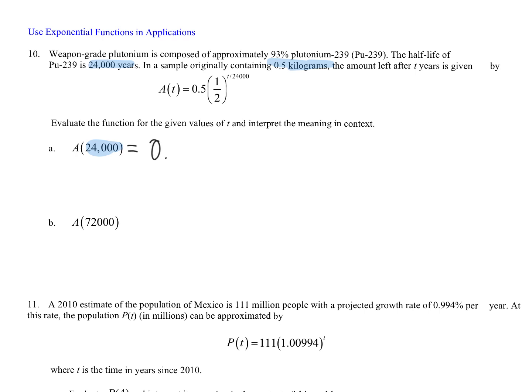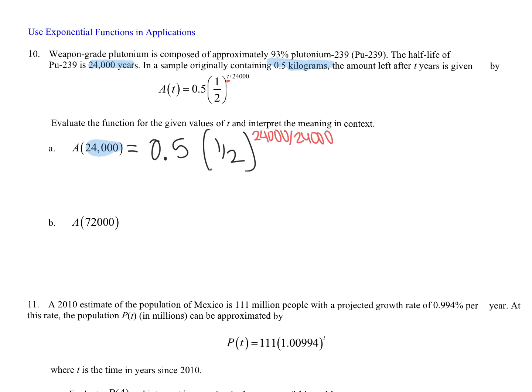So for 24,000 years, which is kind of crazy, we're just going to evaluate the function at 24,000. So what we're going to do is we're going to take our 24,000 and we're going to plug that in to our formula for t. And you can see that what happens really with this exponent is that that's just going to become to the first power, right?